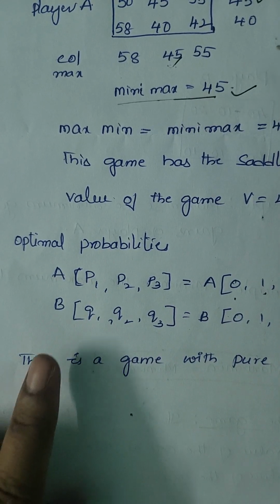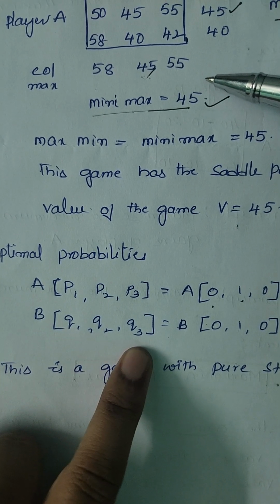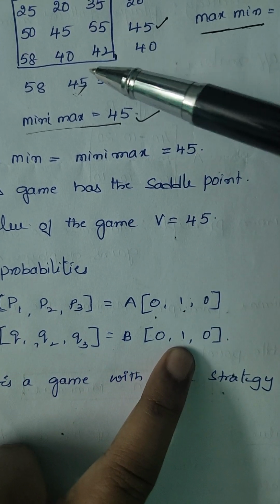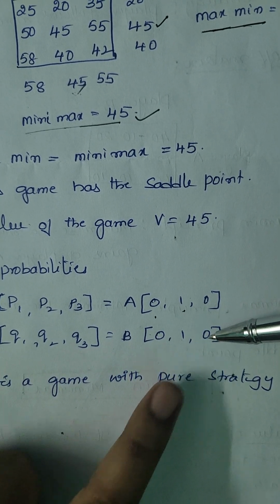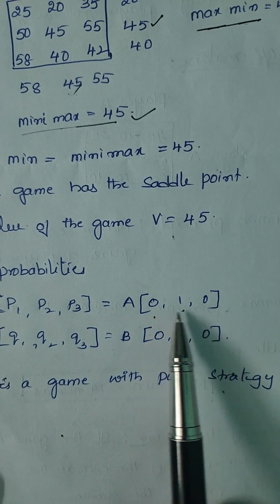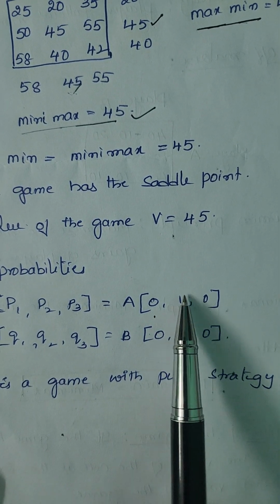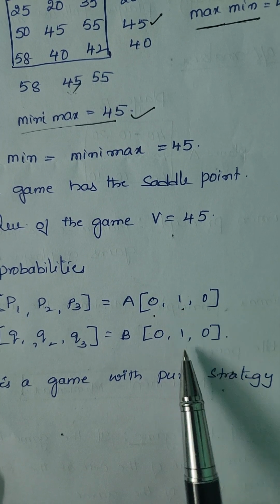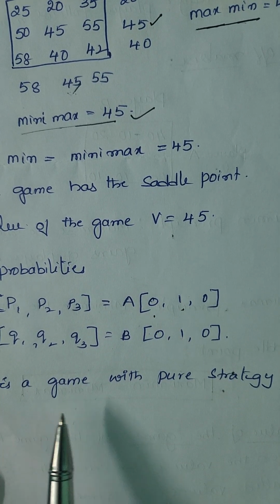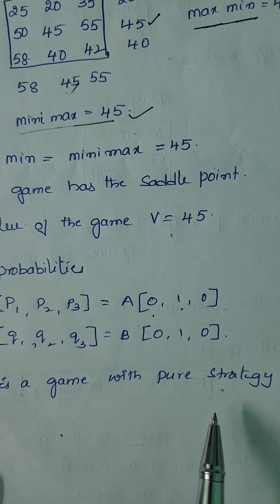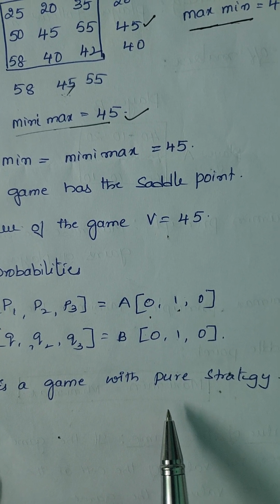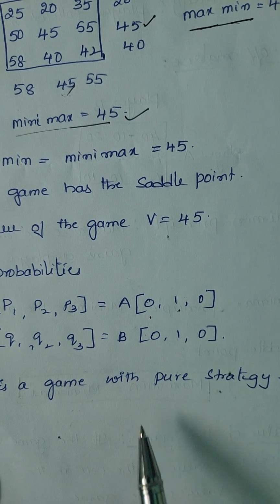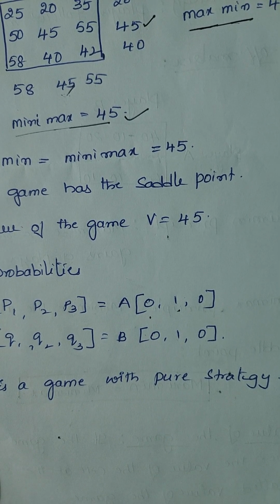The second set of probabilities is for B: Q1, Q2, Q3. 45 has occurred here, so it is 0, 1, 0. The sum of these probabilities is 1. So they are using only a single strategy, and this game is with a pure strategy. If a person uses a single strategy throughout the game, then the game has a pure strategy.